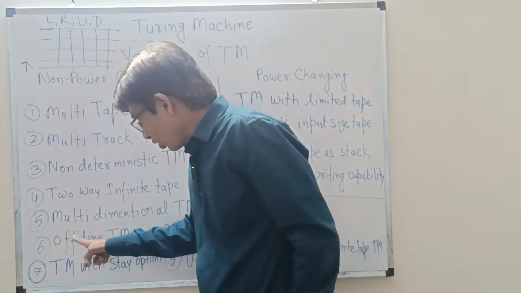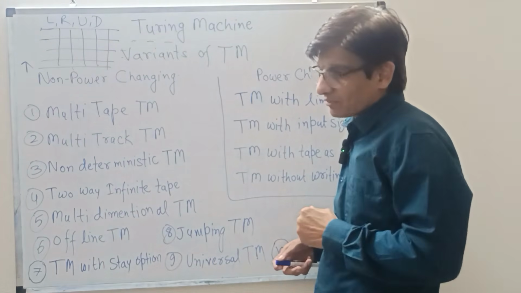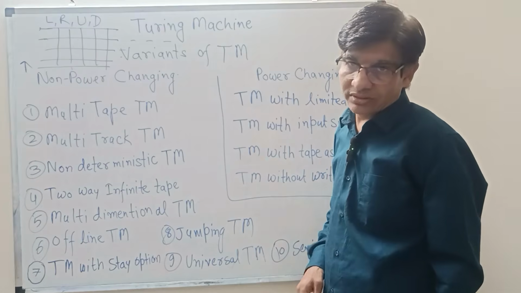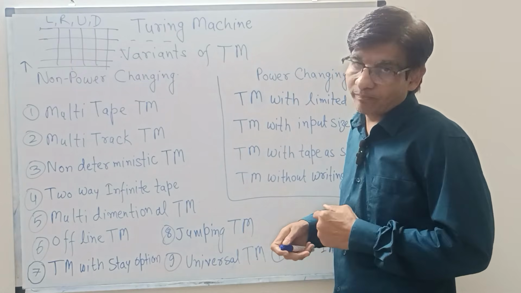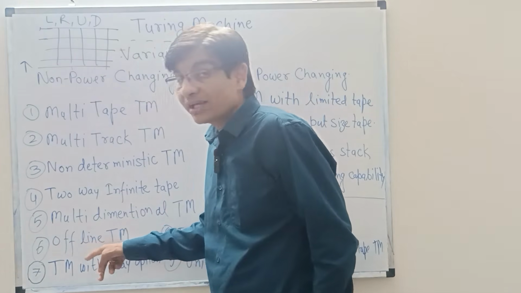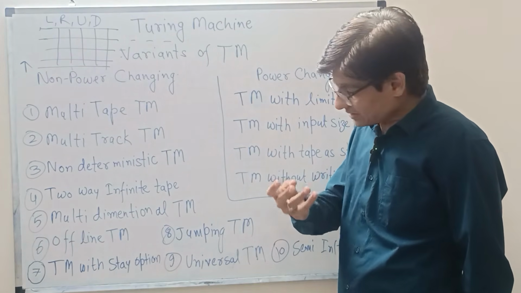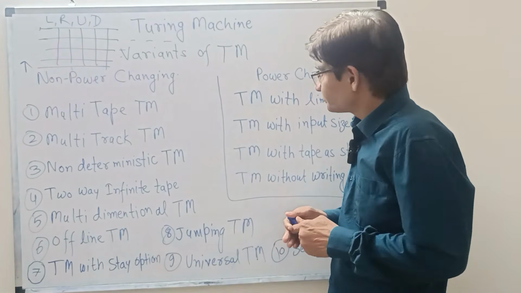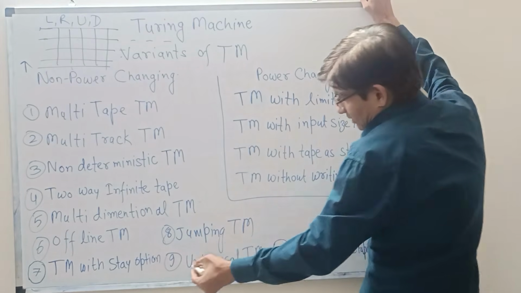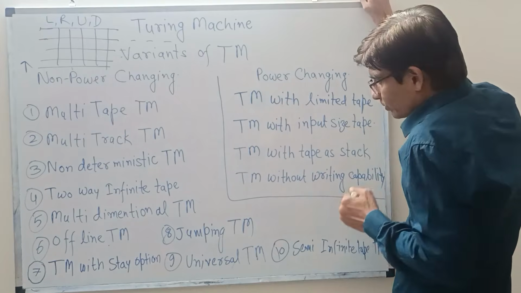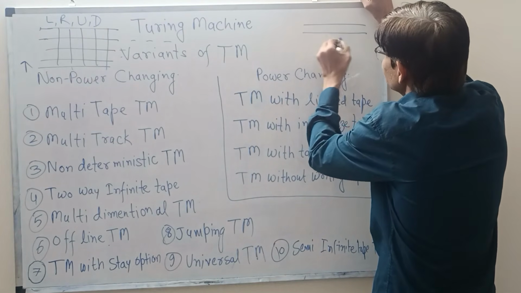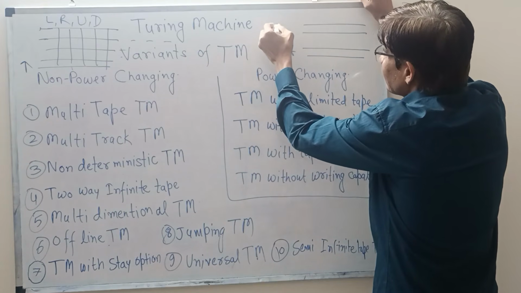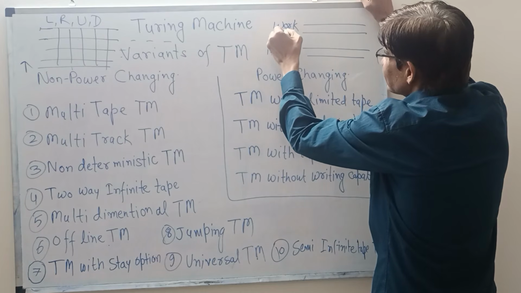Now the next Turing machine is the offline Turing machine. In an offline Turing machine, friends, you have a separate tape for input, and another tape for storing the intermediate results of any process. So in an offline Turing machine, you will have two different tapes: one is the input tape and the other is the working tape, or work tape.